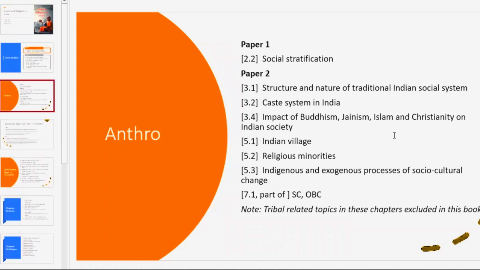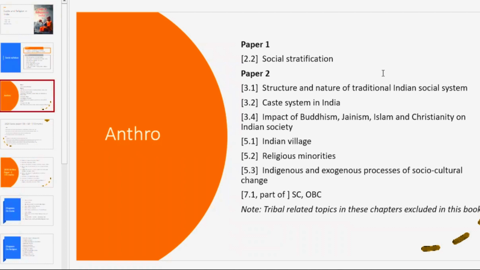And all tribal related topics in these chapters are excluded from this book because tribal related chapters are included in some other book. Okay. So this is the socio and anthro syllabus that this book targets.